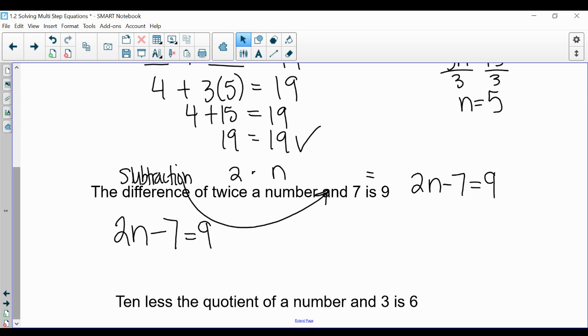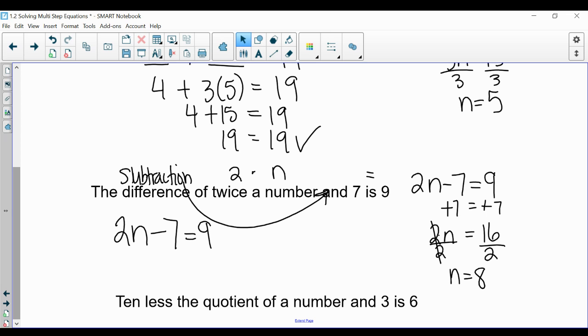So I'm going to do addition subtraction first to isolate the variable. Opposite of a -7 is a +7. So 2n is equal to 16. And this is multiplication, so I'm going to use division. So n is equal to 8. So let's just put it back in here and see if I got it right.